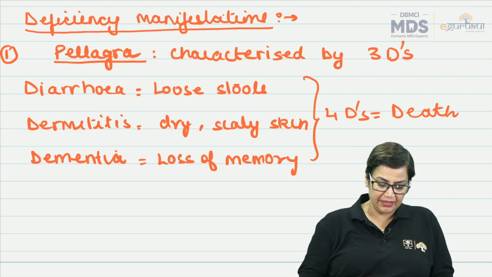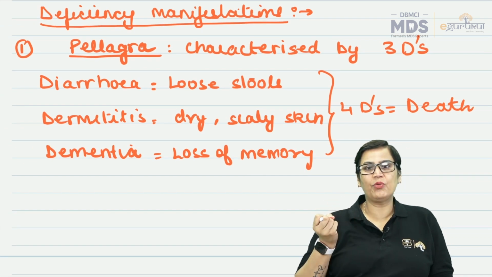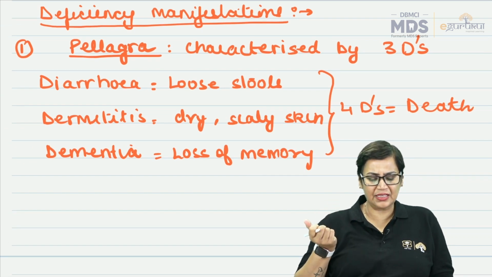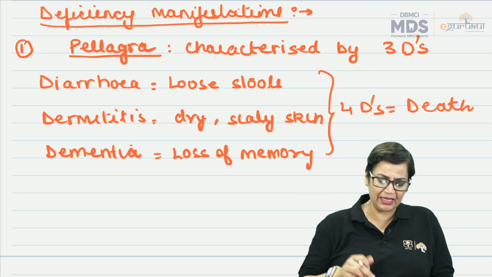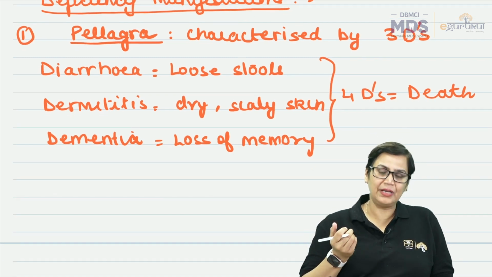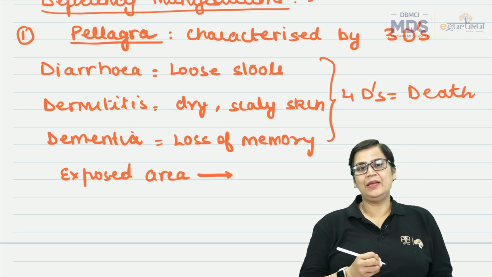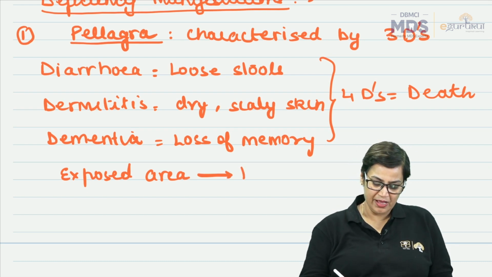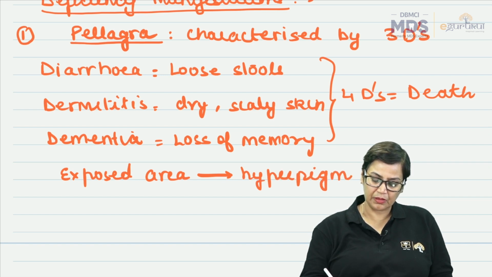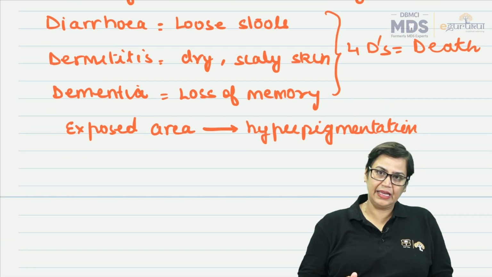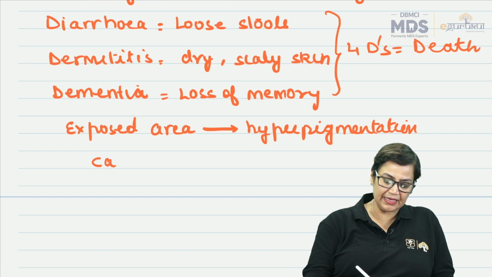Right? And again, this is a very important question which is asked in the exam. Basically, there is hyperpigmentation wherever the surface is exposed, and it forms a Casal necklace.